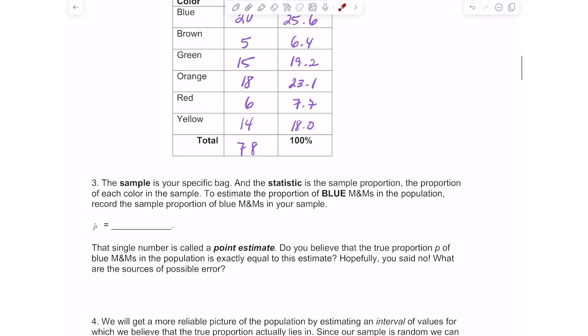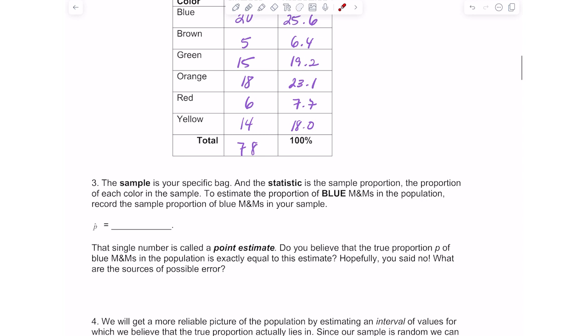If I wanted to be 80% confident, that means that if you had 100 samples of bags with 78 M&Ms in them, around 80 out of the 100 would contain the true proportion of M&Ms that have whatever color you're looking for.